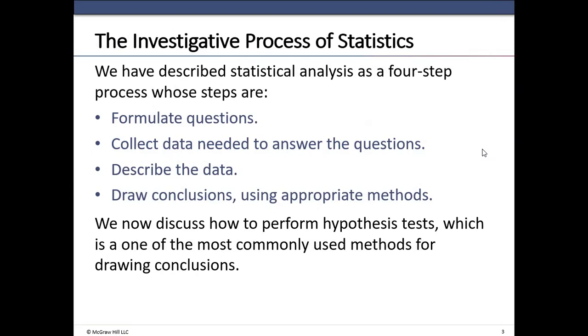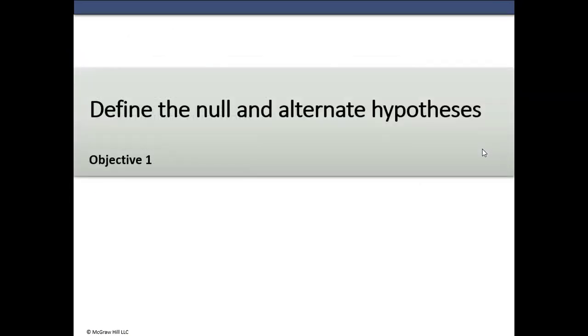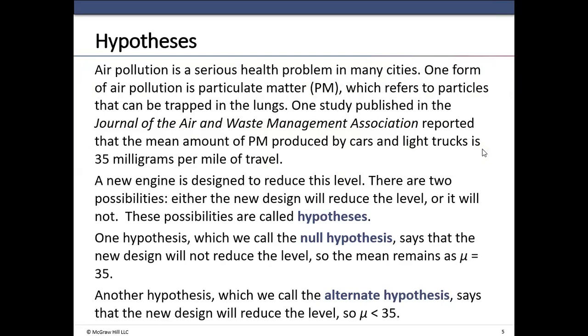We now discuss how to perform a hypothesis test, which is one of the most commonly used methods for drawing conclusions. First, we will define the null and alternate hypothesis. Air pollution is a serious health problem in many cities.